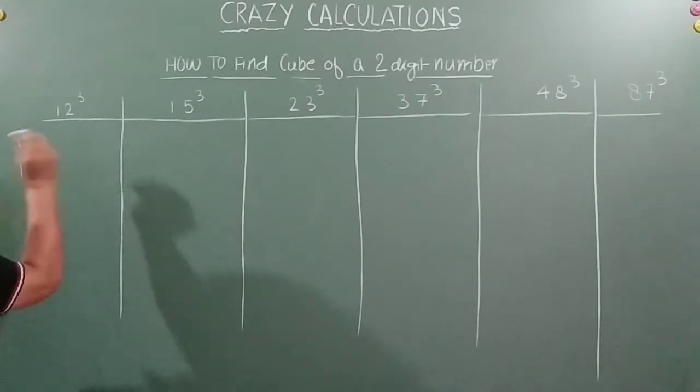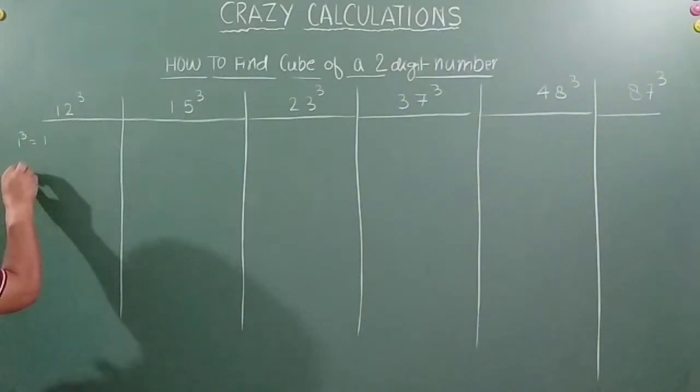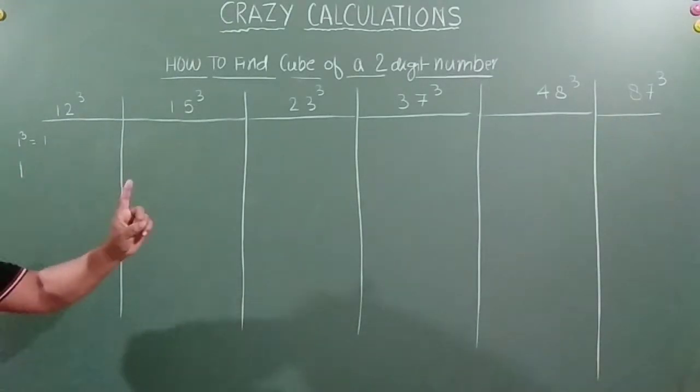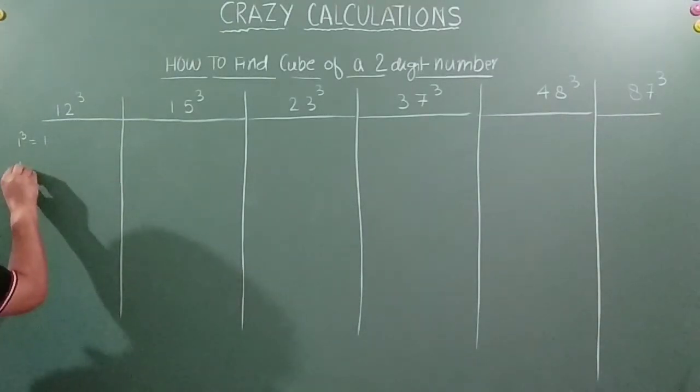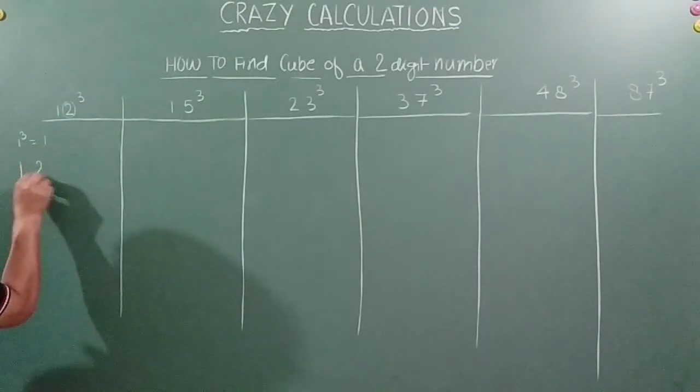Now the next thing is that we will divide 1 by 1, that is, your first number by the first number. The answer is 1, right? Then we will multiply this with the second digit, that is 2. I will write 2 here.